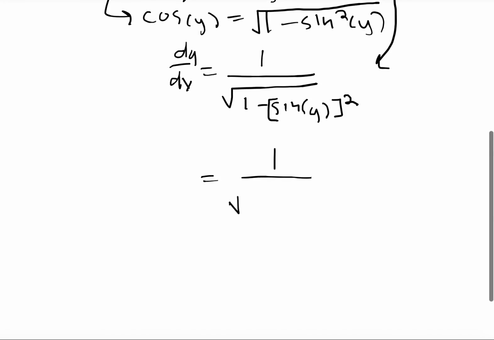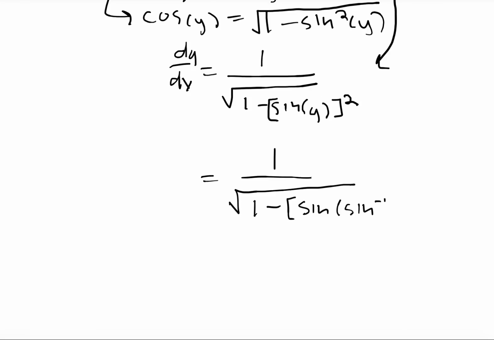I've got 1 over the square root of 1 minus, instead of y, I said we would substitute in the sine inverse function because that's what it said y was up top. Okay, and that whole thing is being squared.